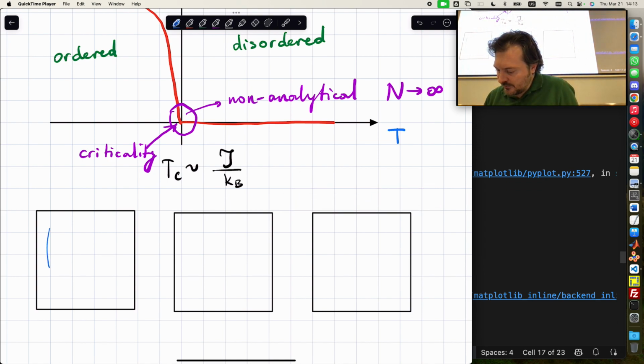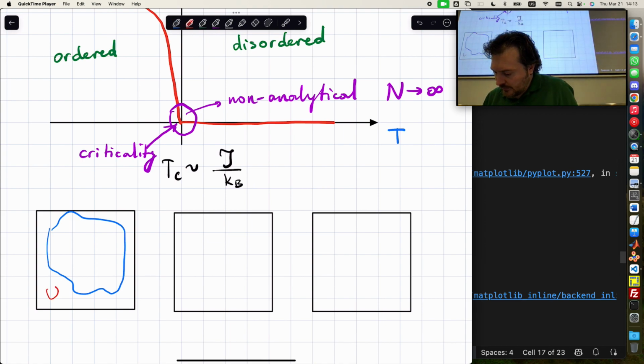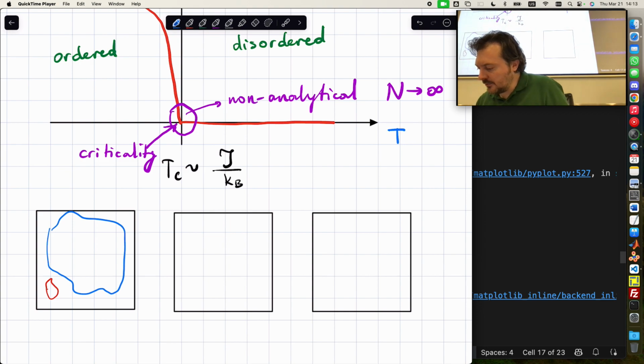Very low temperatures, one of the domains wins, the other one is shrunk, right? At very high temperature, no one wins. There are lots of small blue domains, right? Lots of them, and lots of small red domains, but nobody wins, right?